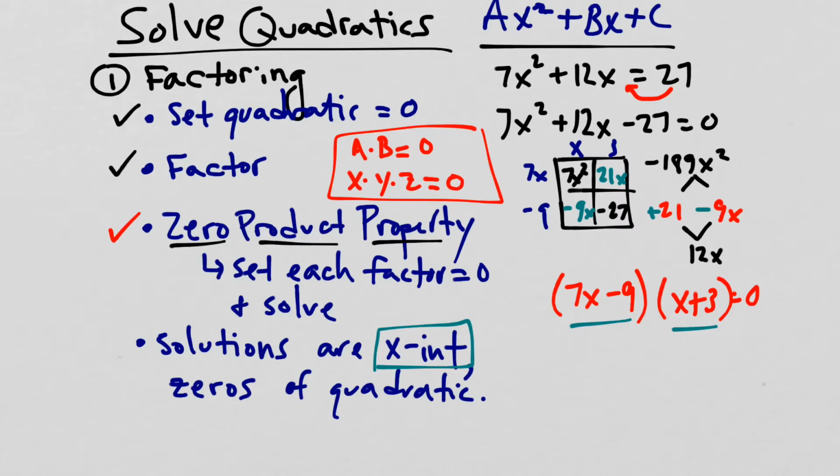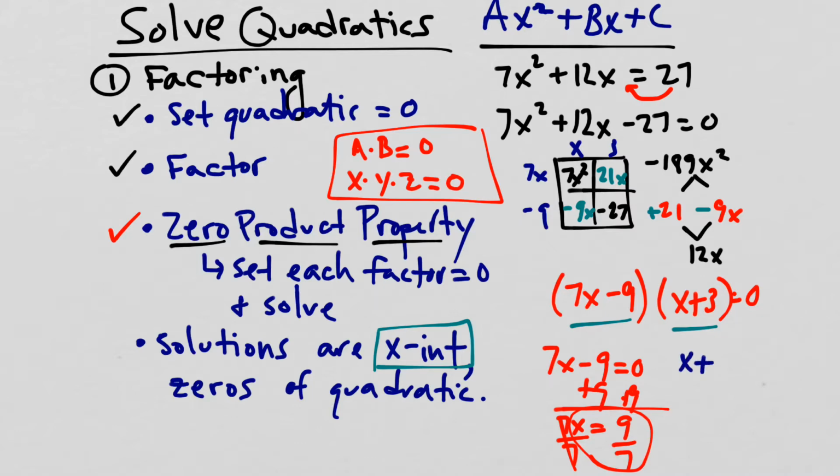So 7x minus 9 equals 0. We'll solve that by adding 9 and dividing by 7. So 9/7 is one answer. The other answer, we're going to take the x plus 3 and set it equal to 0. So we subtract 3 from both sides, so x equals negative 3.